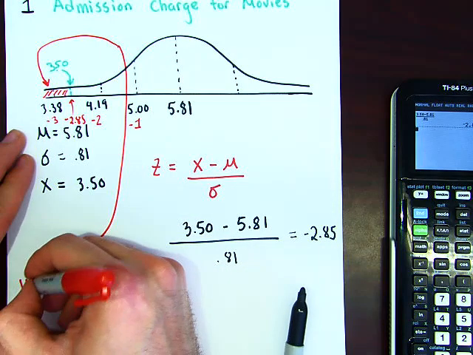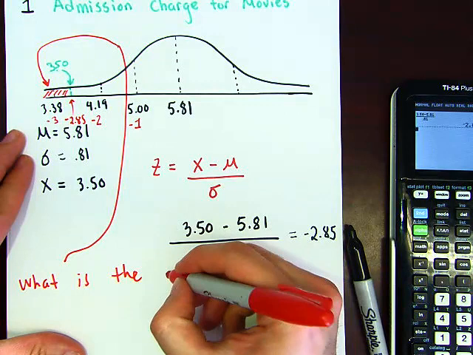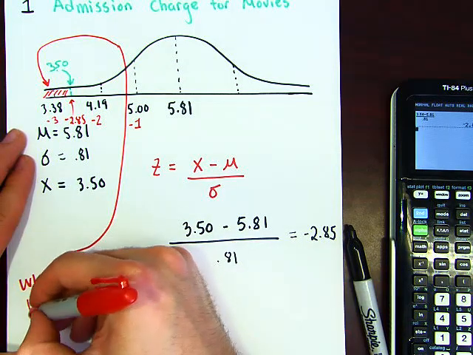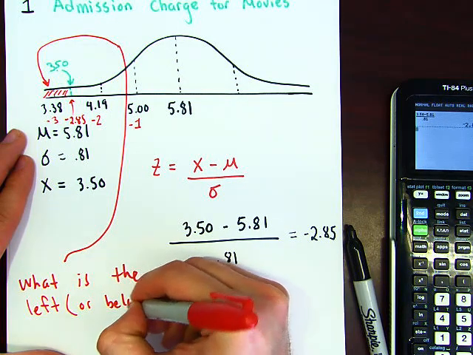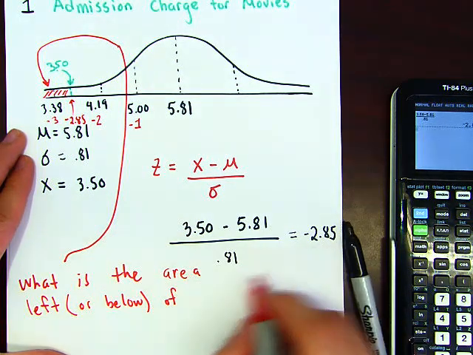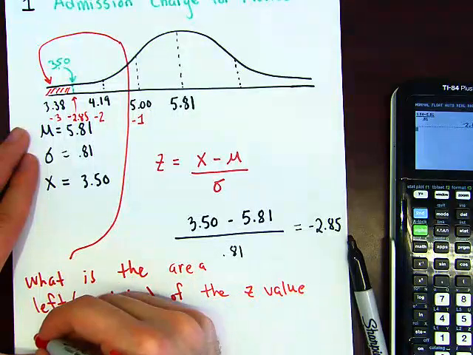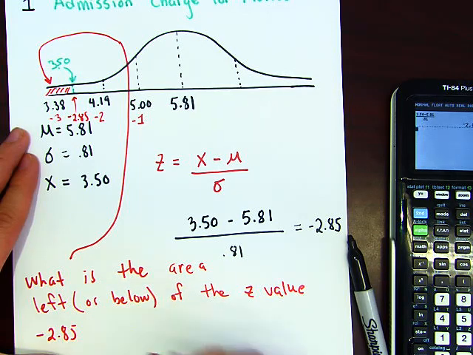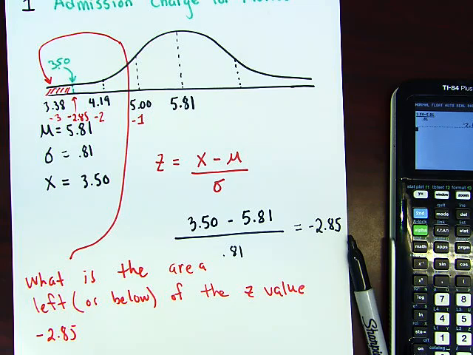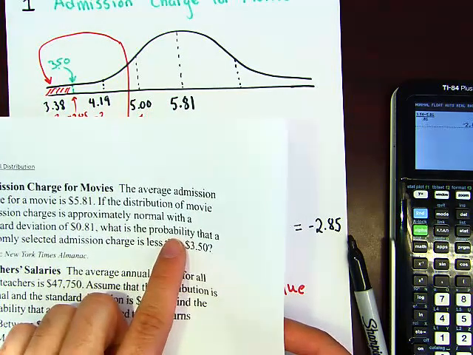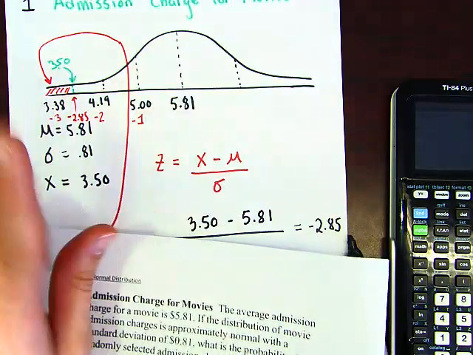It's the area to the left or below of the z-value of negative 2.85. Because if we find the area to the left, it represents the probability of getting something within this whole area of 1.